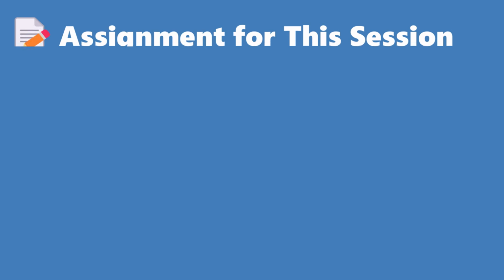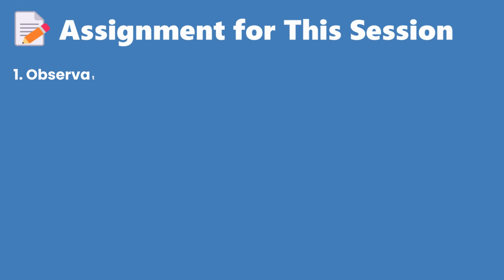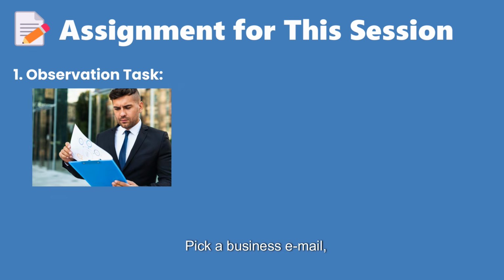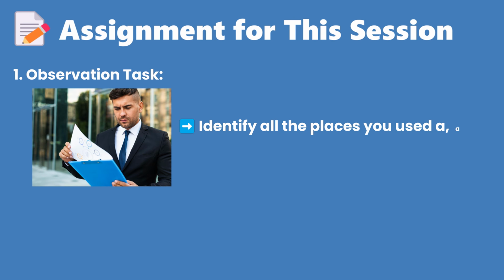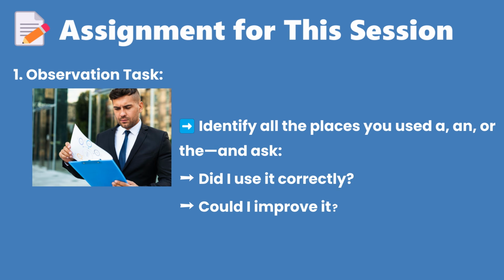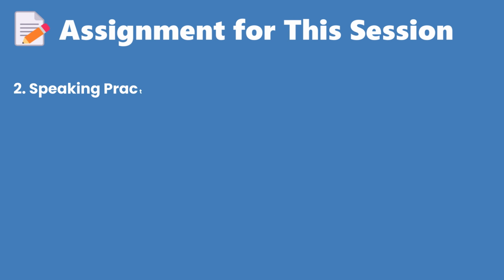Assignment for this session is first, observation task. Pick a business email, report, or message you have written. Identify all the places you used a, an, or the and ask: Did I use it correctly? Could I improve it? Second assignment is speak in practice.